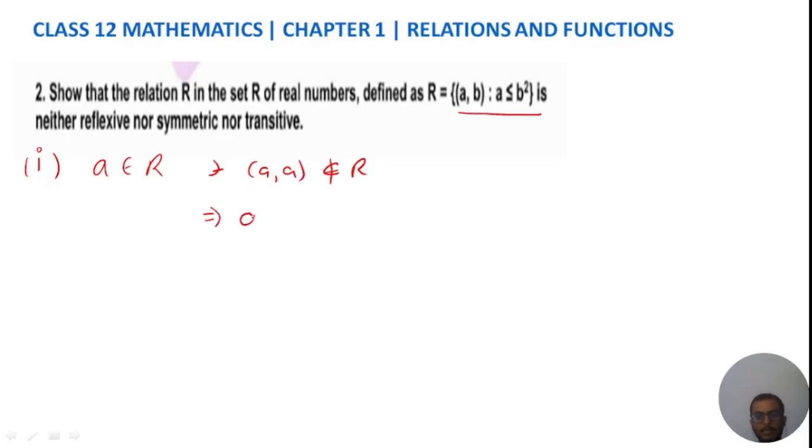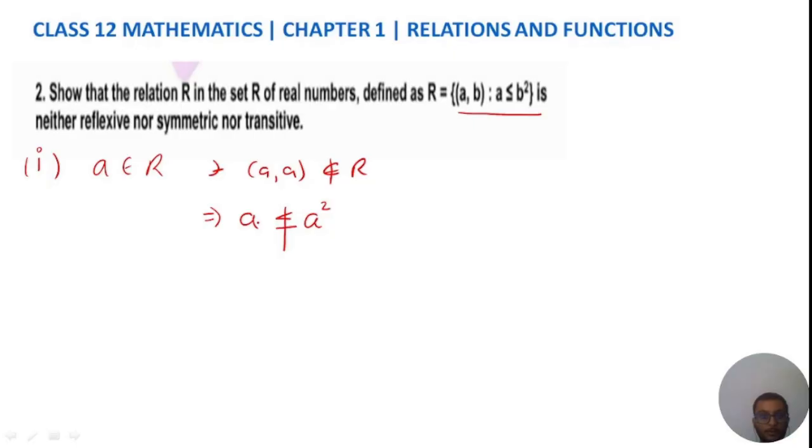It means that if (a, a) is in R, then a is less than or equal to a square. But we are having (a, a) not in R. That will mean a is not less than or equal to a square. So what type of elements should we pick so that its square is not less than or equal to it?